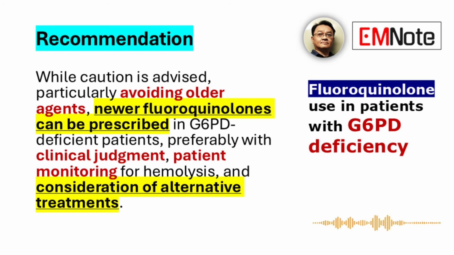Preferably inpatient. Preferably inpatient, yes, where you can watch closely for any signs of hemolysis. Okay. So the key takeaway is older quinolones and G6PD deficiency, avoid. Newer fluoroquinolones and G6PD deficiency, think carefully, monitor closely, consider alternatives first. That sums it up well. Individual patient assessment is paramount.